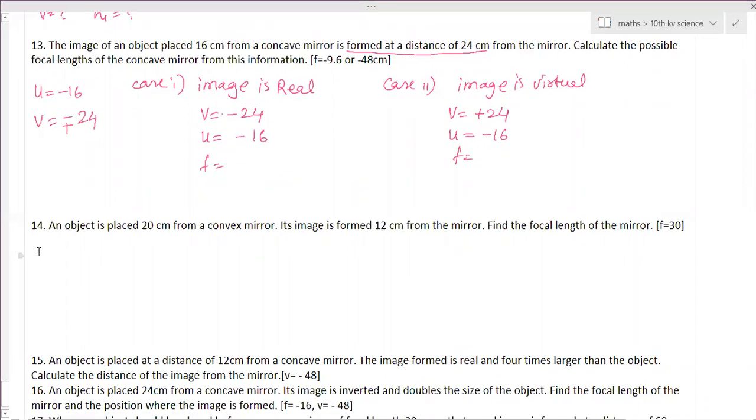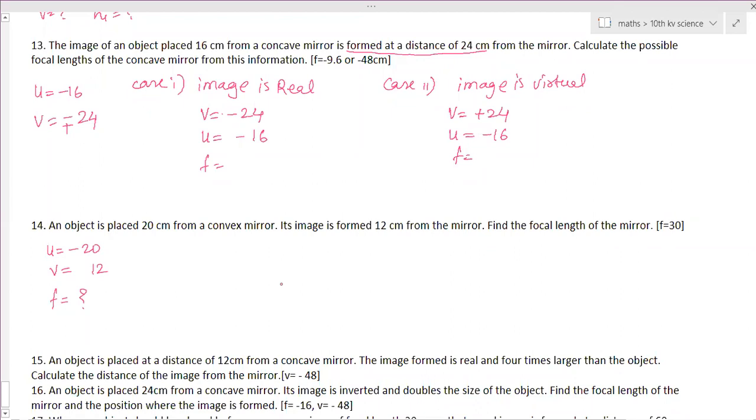Ma'am, distance of the object is minus 20 centimeters. Symbol used? U. U is equal to minus 20. V is equal to 12 centimeters. Plus or minus? Ma'am, plus. Plus. So find the focal length. Yes, ma'am.